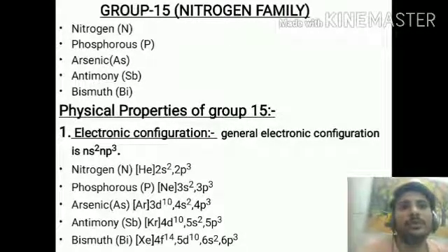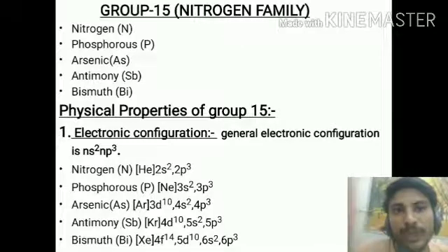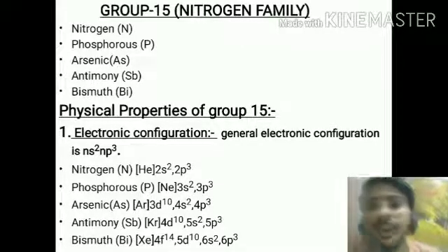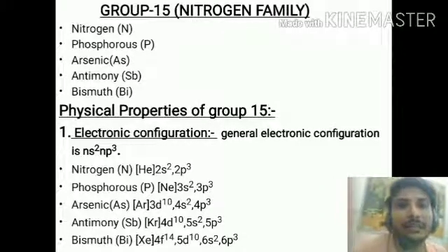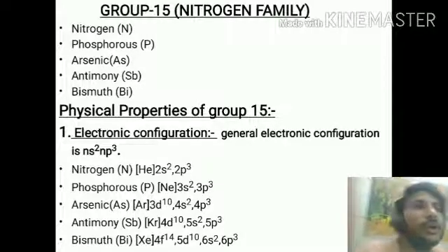The group 15 is called the nitrogen family. The elements present here are nitrogen, phosphorus, arsenic, antimony, bismuth. Symbols are nitrogen N, phosphorus P, arsenic As, antimony Sb and bismuth Bi. Now first of all we have to study the electronic configuration.